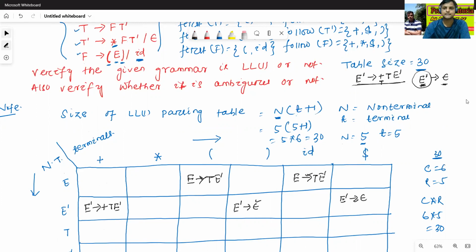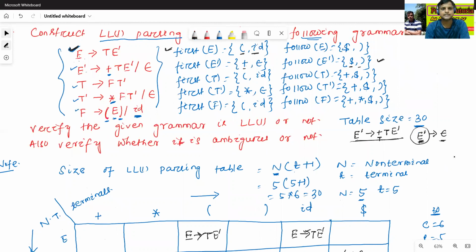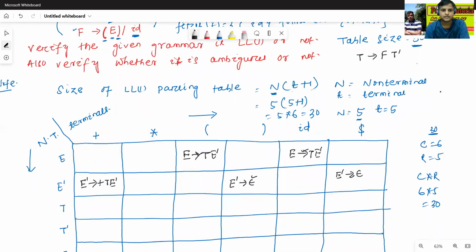Okay, now we'll see the next production, similarly. I'm just erasing here. T → F T prime. First of T equals open bracket and ID.